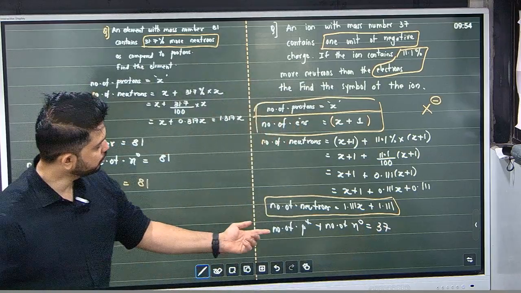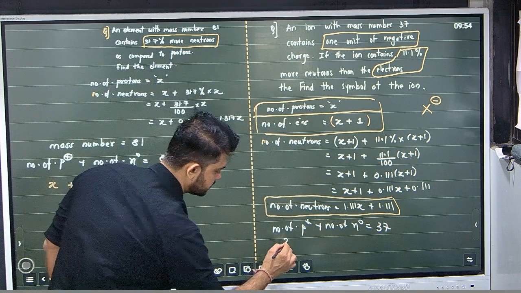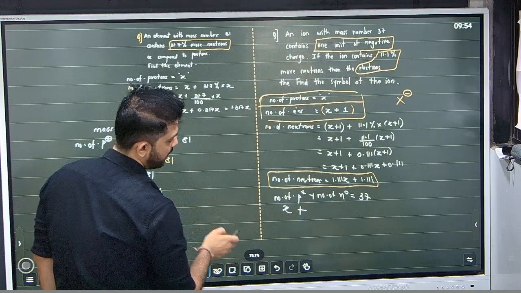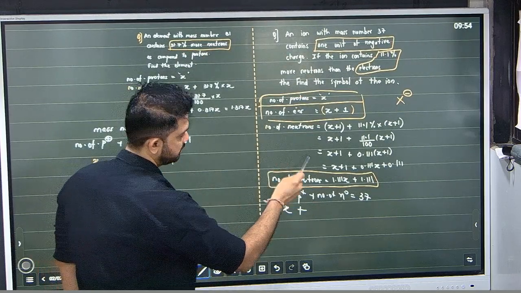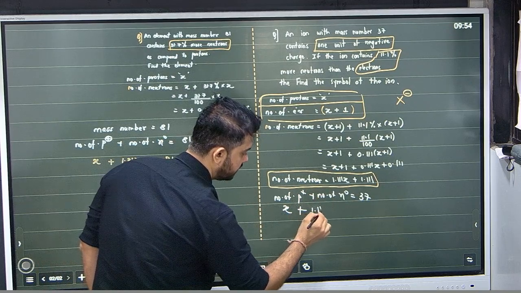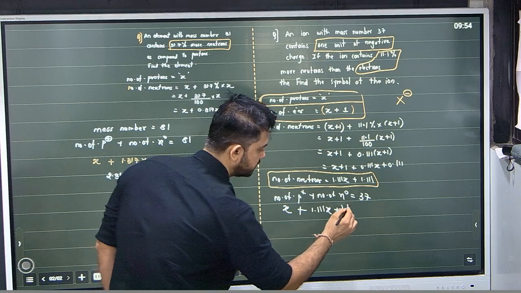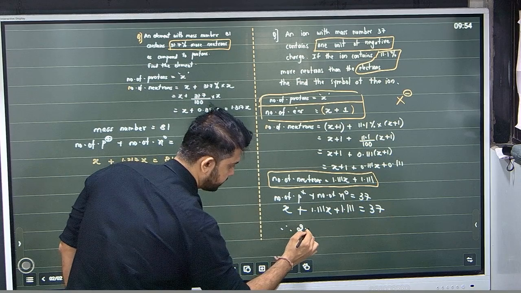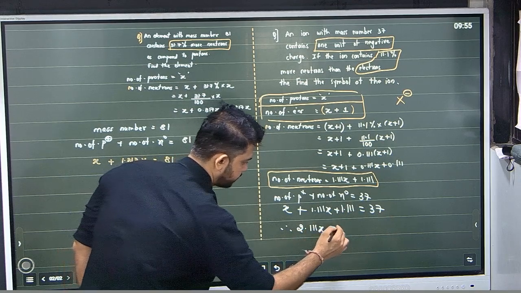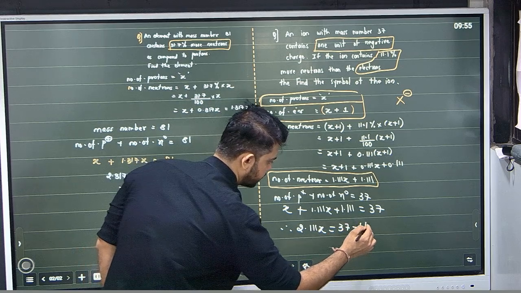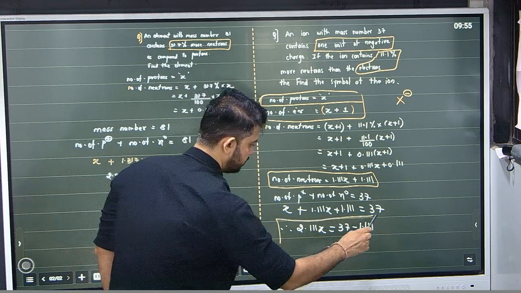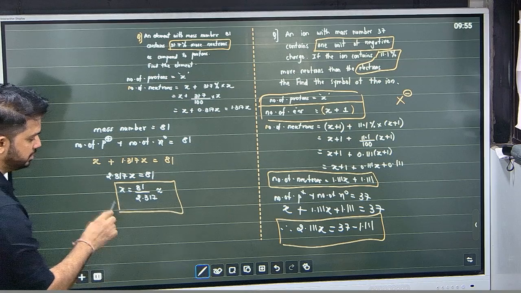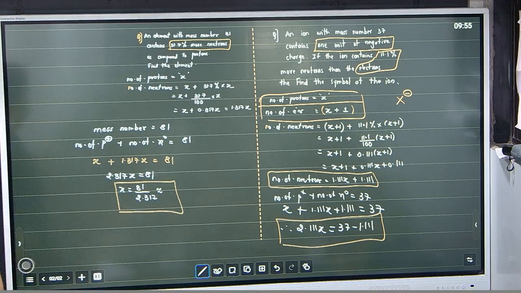How many protons are there? x. How many neutrons are there? 1.111x plus 1.111. Please solve this and give me x. Solve here as well and give me x.